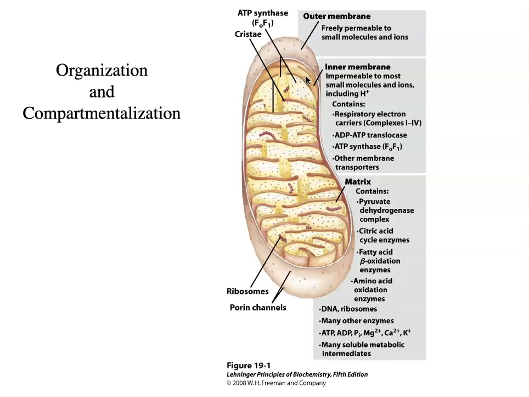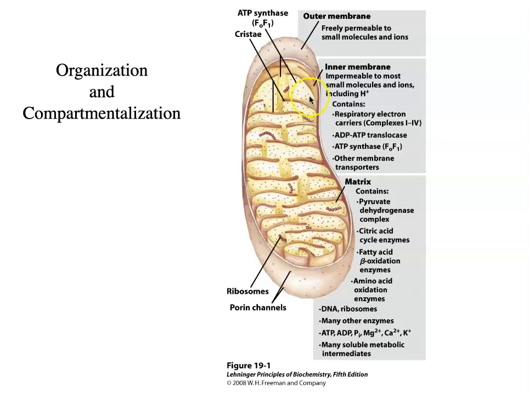Something characteristic for the inner mitochondrial membrane is that it forms these digitations or convolutions, also known as cristae, and the purpose of these is to increase the surface of the inner mitochondrial membrane, and that is the surface where we will find the electron transport complexes, also the ATP synthase, and some of the transporters that facilitate passing of ions and other molecules across the inner mitochondrial membrane.